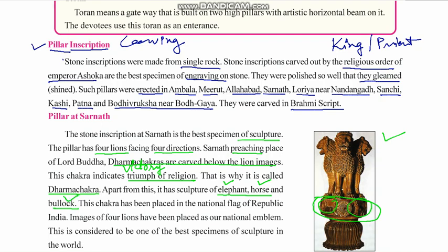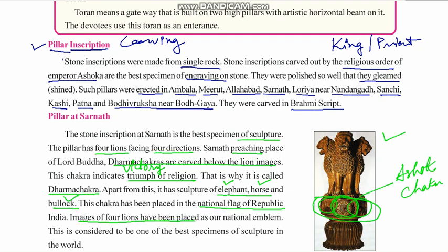This chakra, which we better know as the Ashok Chakra, has been placed in the national flag of the Republic of India.